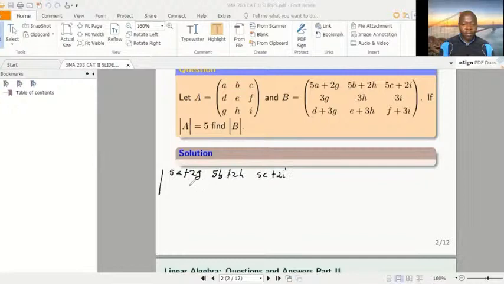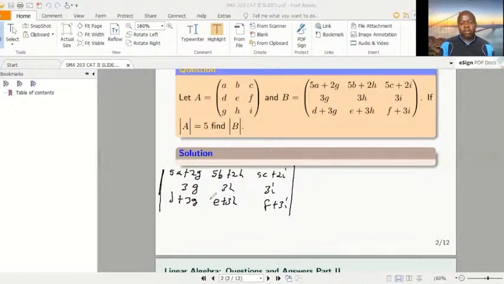And then this other row is 3G, 3H, 3I. And this one is P plus 3G, E plus 3H, and F plus 3I.